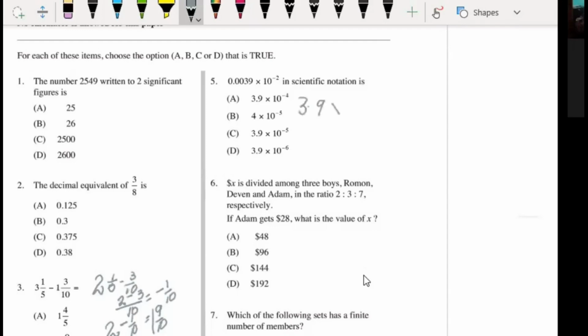We have to have the 10 to the negative 2 because that was there. Now, you have to move the decimal point 3 places to the left. That is divided by 10 cubed. So therefore it is 10 to the minus 5 because we had 2 already. I will move it 3 more places. So the correct answer would be C.